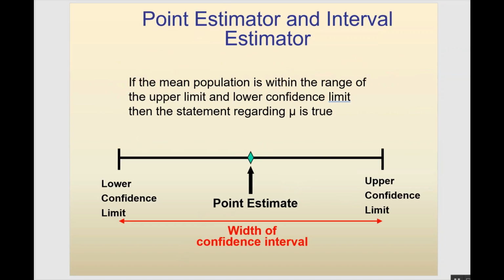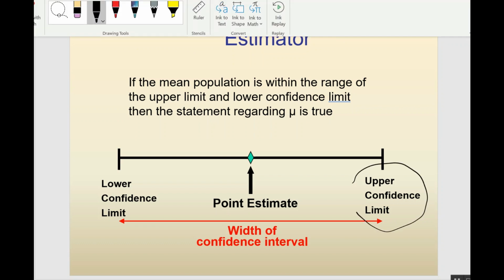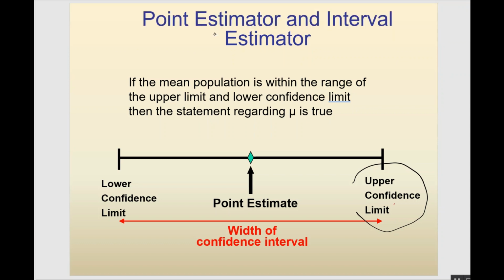So what does this mean, point estimator and interval estimator? The population mean must be within the range of the upper limit and the lower confidence limit, so that the statement regarding mu is considered true.